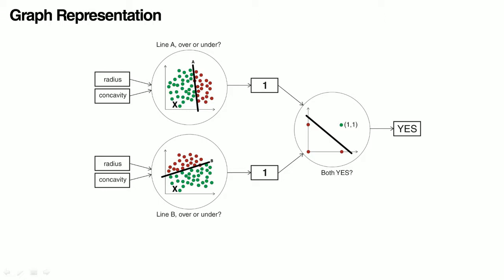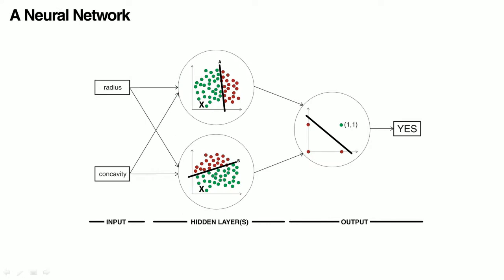And so if we arrange the inputs to this graph, the radius and the concavity, into a column, we really end up with a neural network. And we have our inputs with the features organized in a column. We have one hidden layer. This is essentially where the magic happens. And an output layer that gives us predictions.